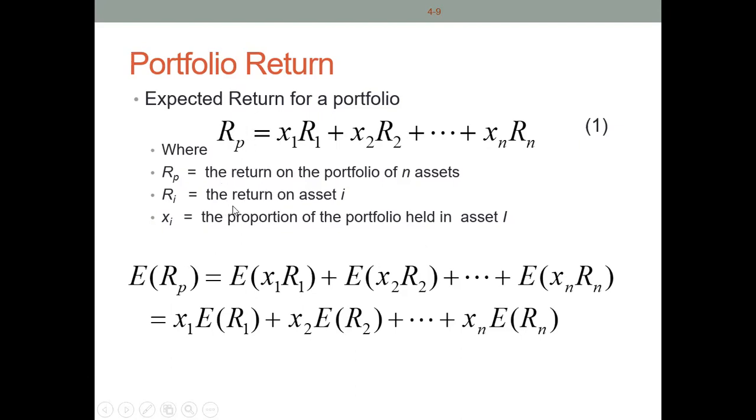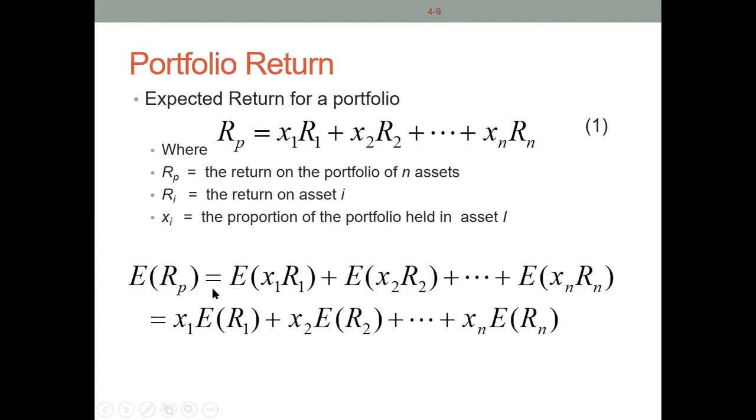Here you can see that R means the return of an asset and X means the portion of a portfolio held in an asset. So while using that formula, we can calculate the expected return of a portfolio, and this is a simple formula.